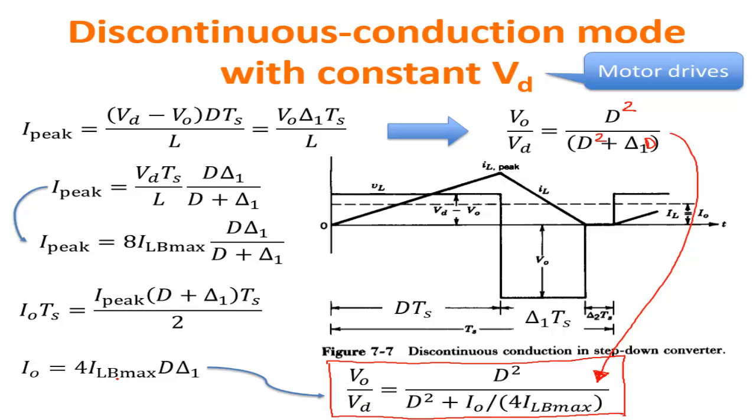When we have this, we can write I_O over 4 I_lbmax is equal to D times delta 1. This product, D times delta 1, it's too low, right?